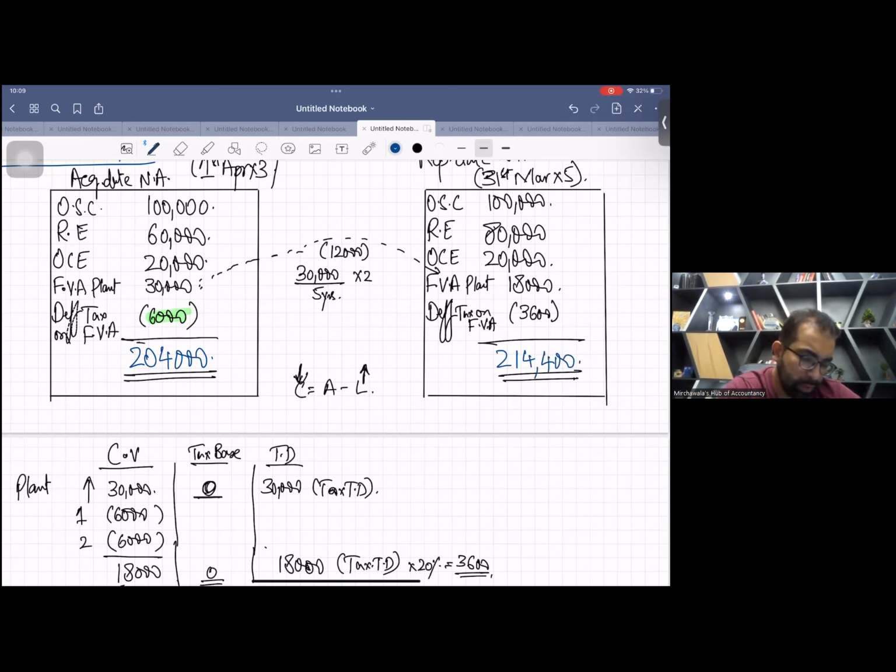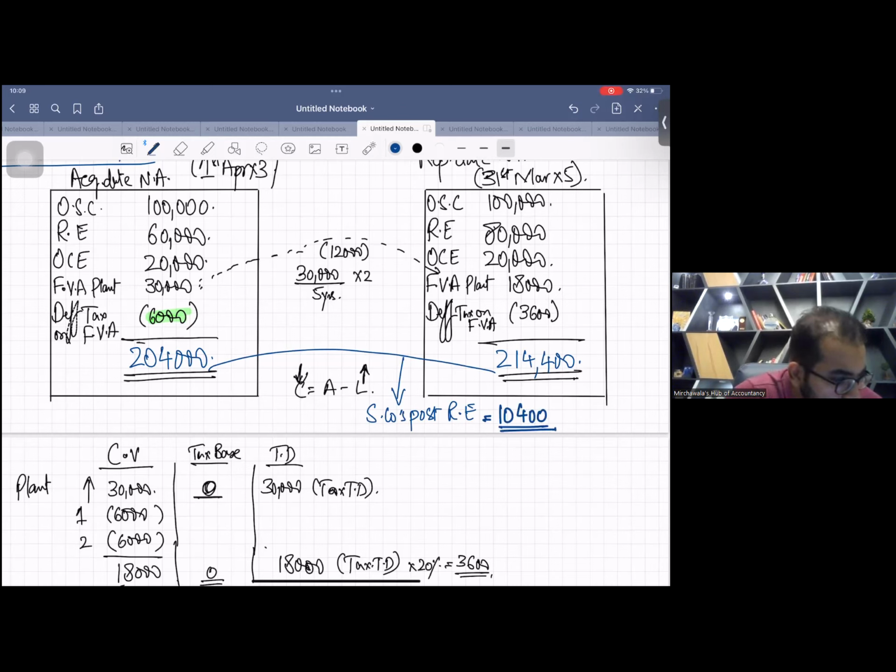Now if you take the difference between these two, how much will it come to?